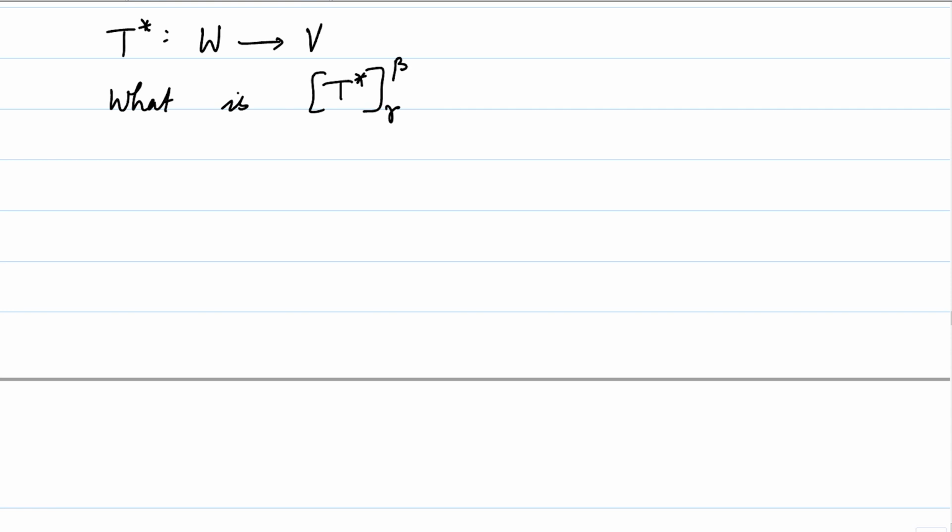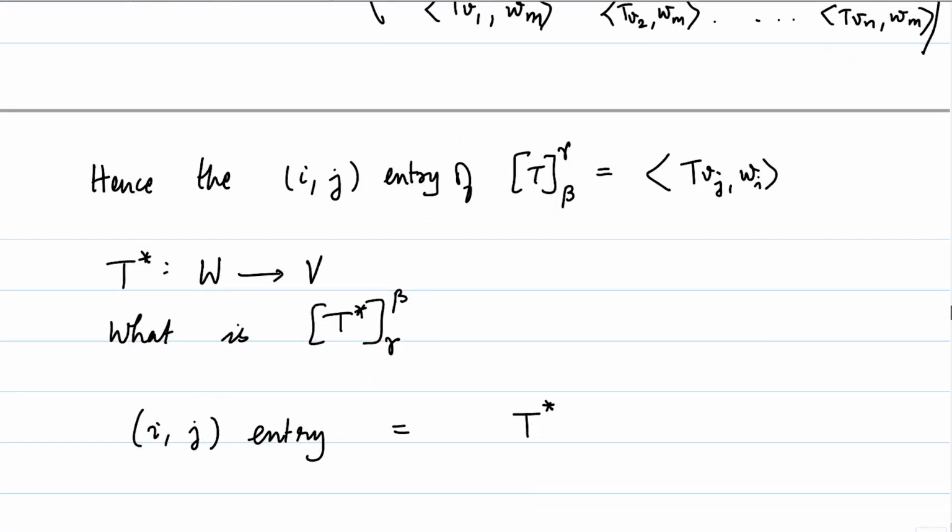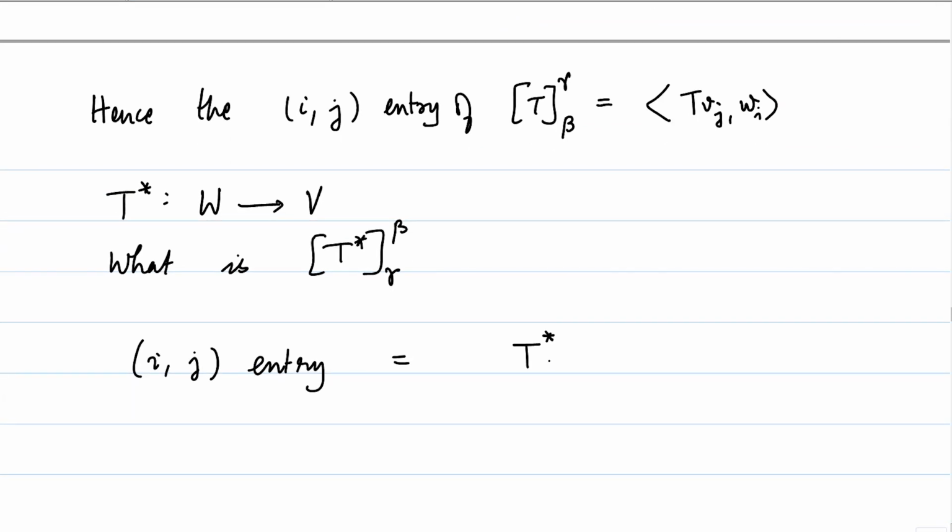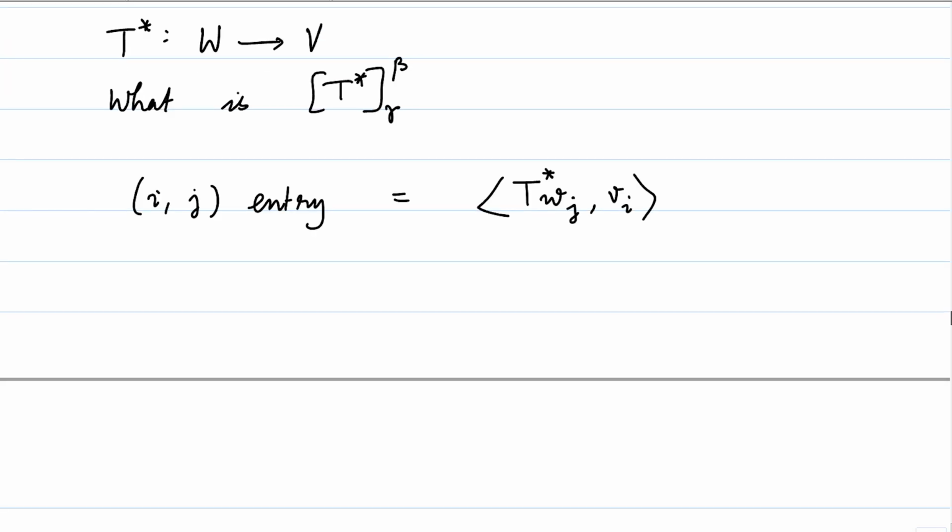But we already did the hard work to show that, right? The ijth entry is equal to the inner product of T star wj with vi, in this case the role of V and beta and gamma is reversed. If you do the same process that we did above, this is the ij entry of [T star] gamma beta.